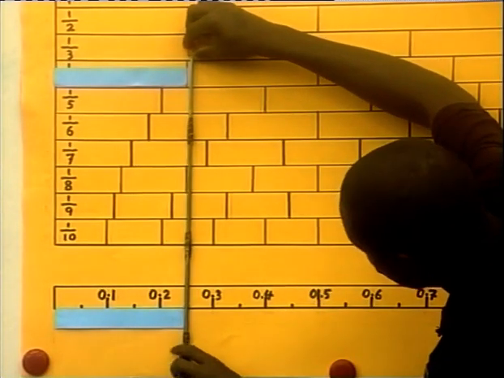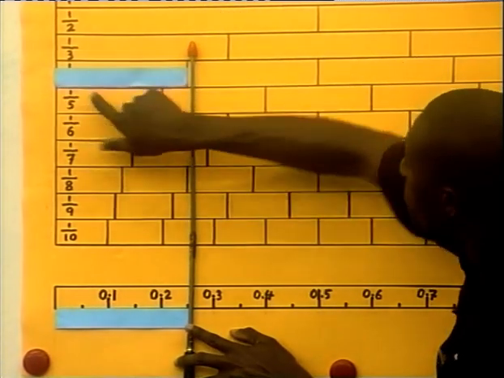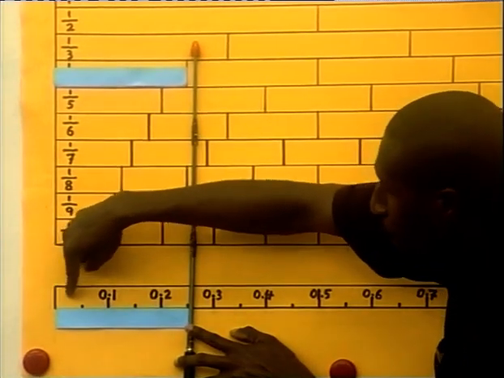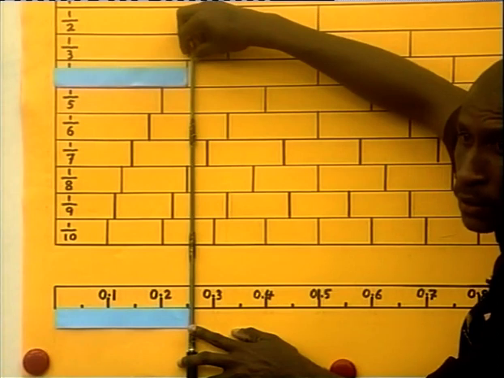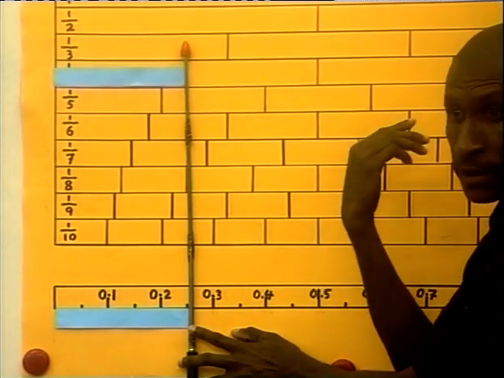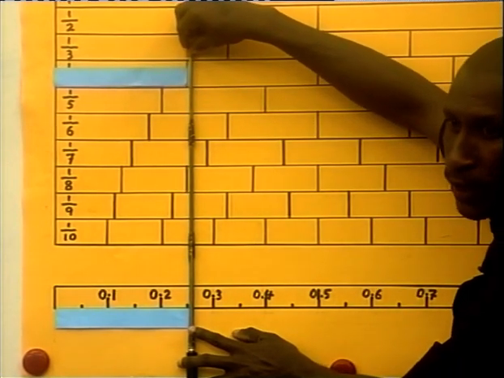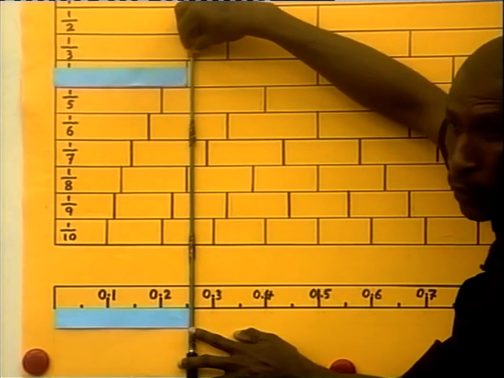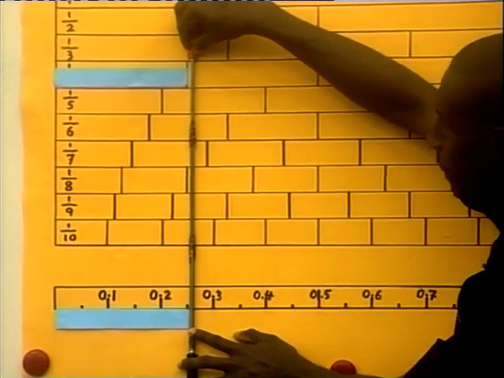If I put this pointer here, you can see that this is 1/4. So the size of 1/4 is the same as 0.25. So can you see the relationship between decimal and fraction? So 1/4 is the same as 0.25. If we use the fraction wall and the scale, we can see the relationship between decimal and fraction.